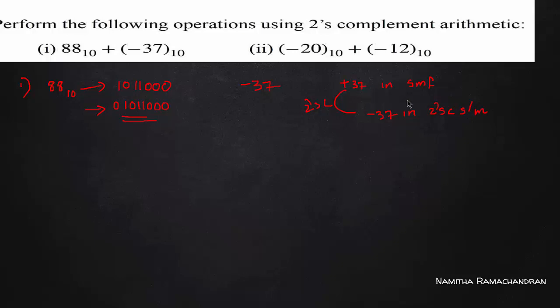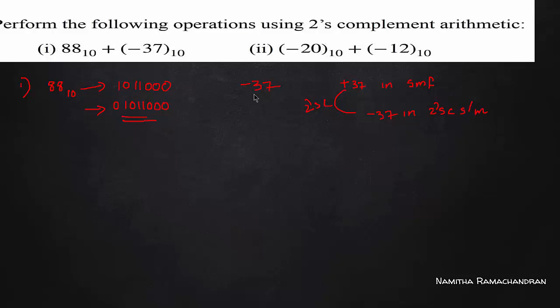Then it forms the sign magnitude form for positive 37. After that, take its 1's complement form. Then we will get the 1's complement form corresponding to minus 37. The procedures are the same for 1's complement form and for 2's complement. This is the general procedure for getting 1's complement and 2's complement form corresponding to negative numbers. So keep this point in your mind.